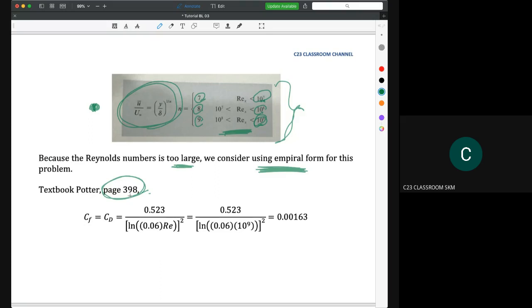First, we calculate the value of CD. The value of CD here is 0.523 over ln in brackets 0.06 Reynolds number, squared. If we substitute the value of Reynolds number, we get CD of around 0.00163.